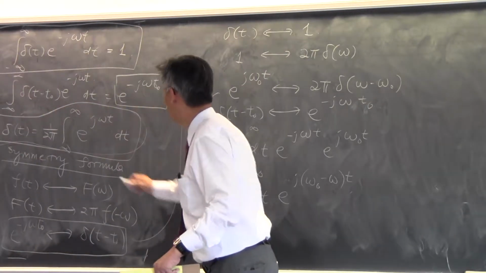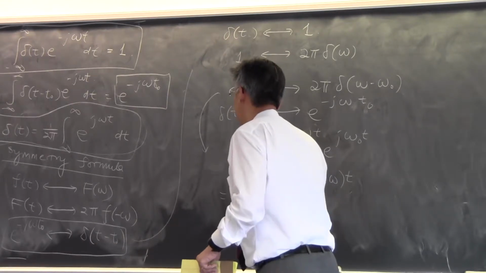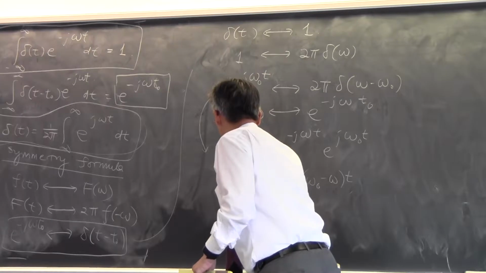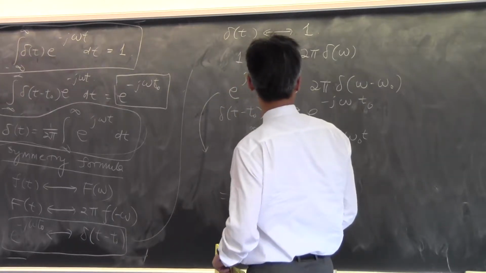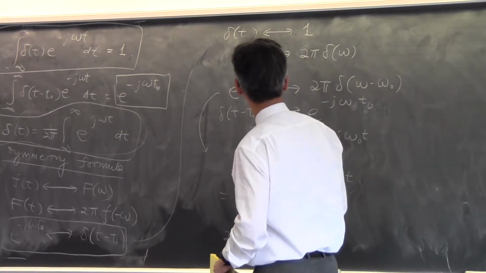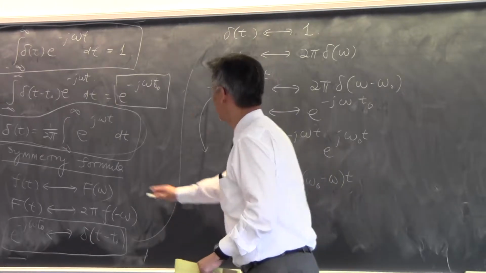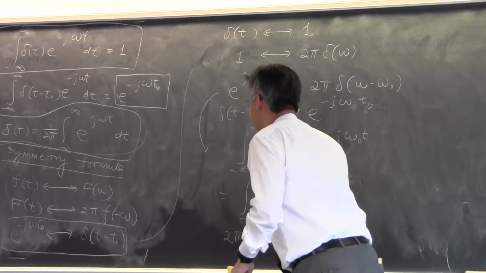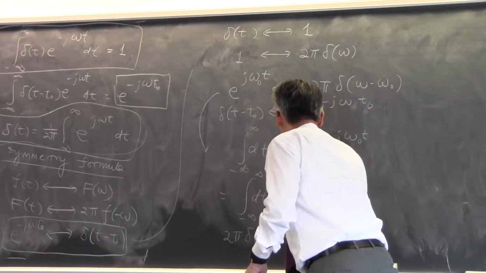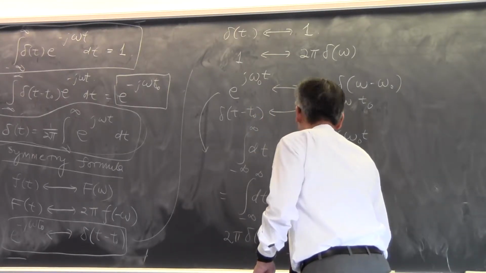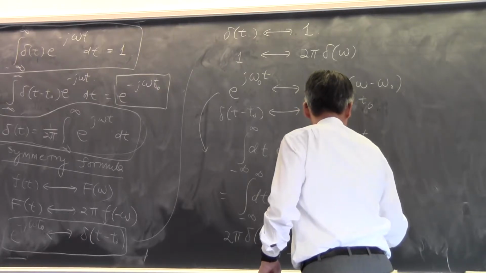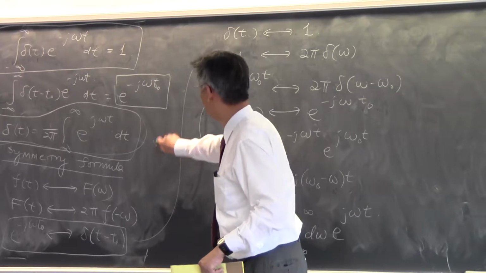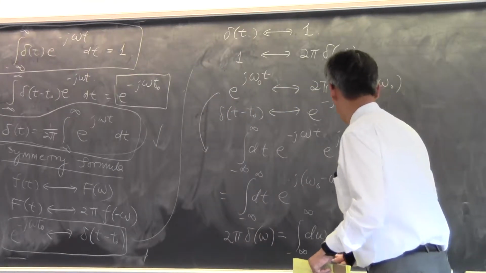What this means is that I can also replace this formula by 2 pi delta omega is equal to the integral from minus infinity to infinity d omega e to the j omega t. I can also say that this formula is the same as this.